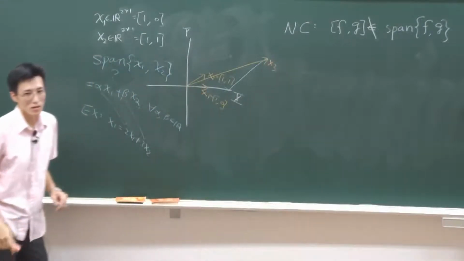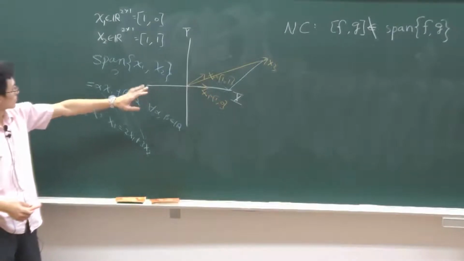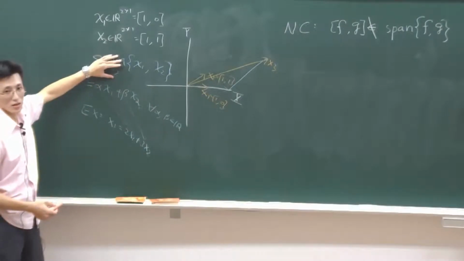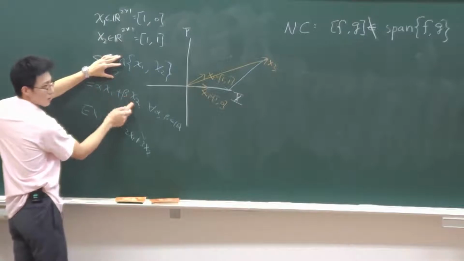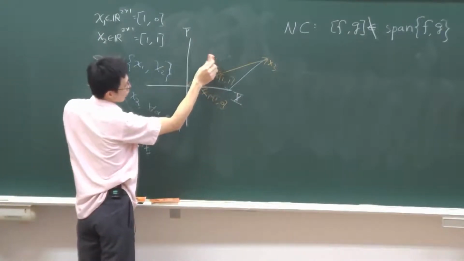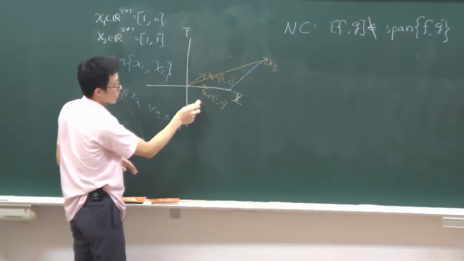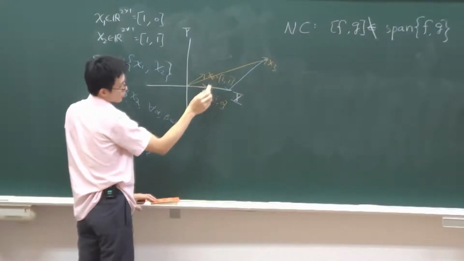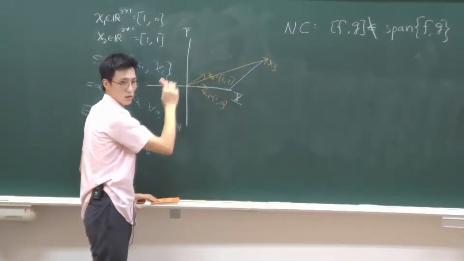So x3 belongs to the span, which is a space. Why is it a space? Because it's a combination of these two vectors. Anywhere in this 2D plane will be the span of these two, right? Because this combination of these two can cover the whole 2D plane.